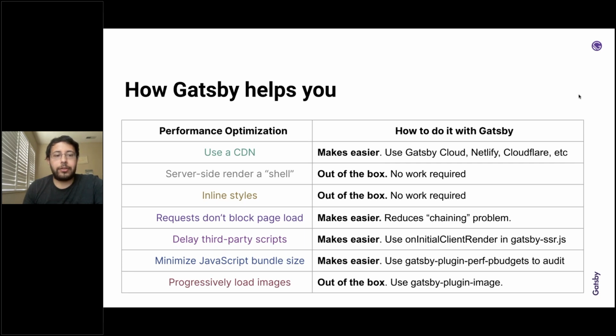You can delay third-party scripts fairly easily by using the onInitialClientRender hook in Gatsby SSR. You can minimize the JavaScript bundle size by using gatsby-plugin-perf-budgets, which looks like I slightly misspelled there, to easily audit. Gatsby also lets you progressively load images out of the box using gatsby-plugin-image.